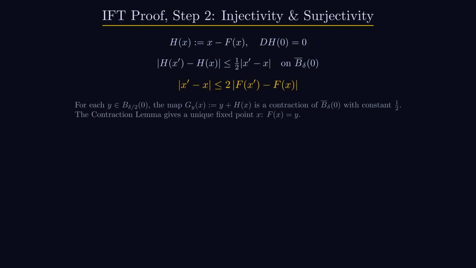That sum is less than delta over 2 plus 1/2 of the norm of x, hence at most delta. So g sub y maps the closed delta ball into itself, and its Lipschitz constant is 1/2, so it is a contraction. The contraction lemma then guarantees a unique fixed point x, the unique preimage of y under f.